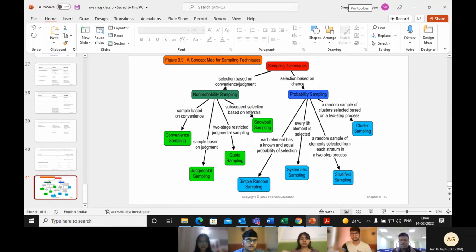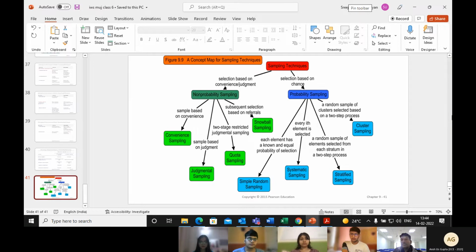Second is judgment sampling. In judgment sampling, the researcher chooses a particular respondent because, in the researcher's judgment, that respondent will be able to give good inputs about whatever is being studied, and therefore you reach out to that respondent because the information is valuable.